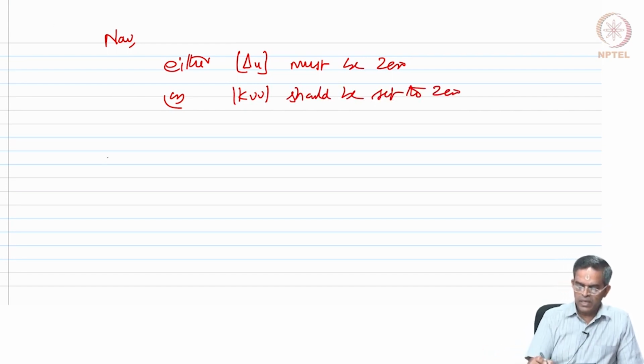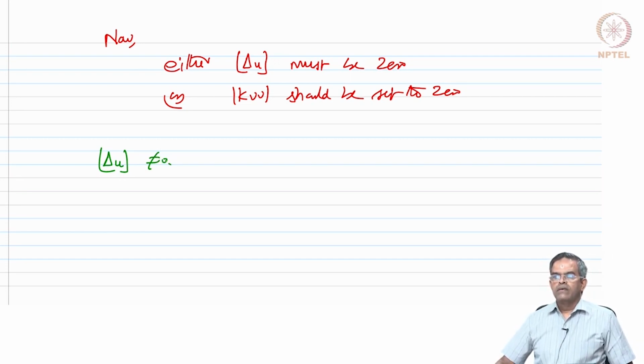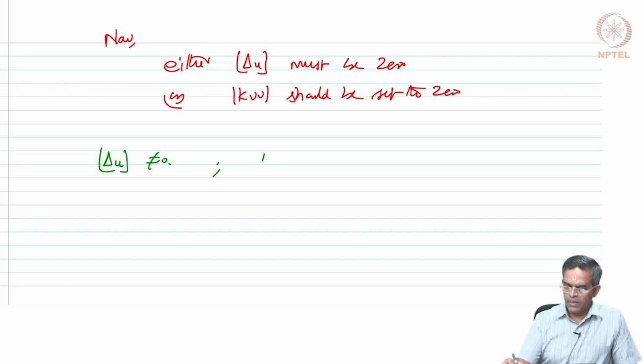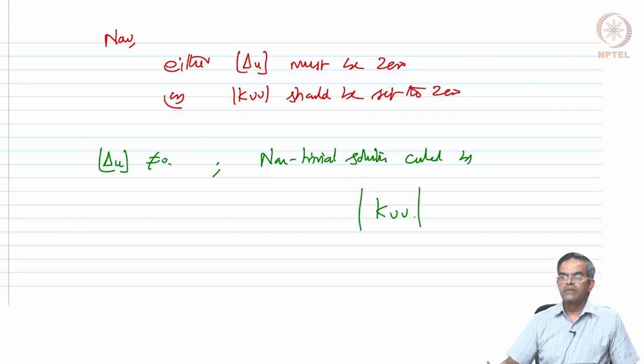Now, friends, you please see del u cannot be 0, it undergoes displacement, is it not? Because unrestrained joint displacements are not 0. So, the non-trivial solution could be determinant of this KUU matrix should be set to 0.